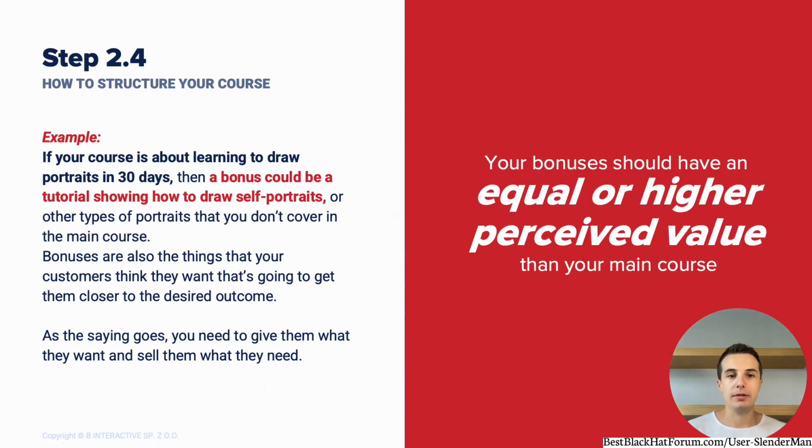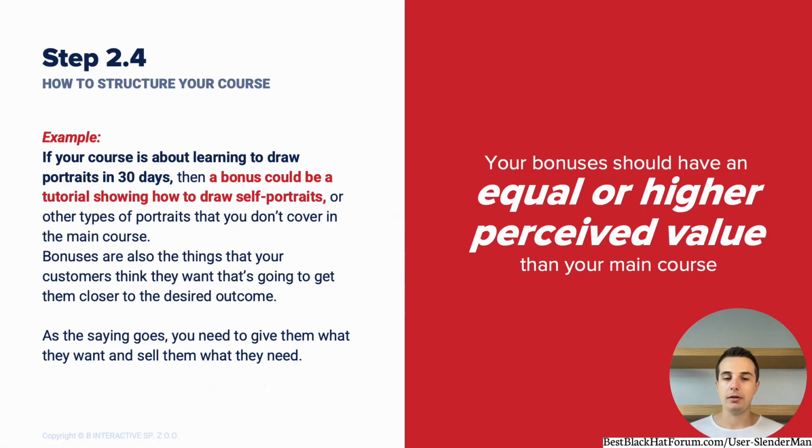So let's go through some examples here. Again, if your course is about learning how to draw portraits in 30 days, then a bonus could be a tutorial showing how to draw self-portraits or other types of portraits that you don't cover in the main course. So maybe the person that you're targeting is only looking to draw landscape drawings, right?